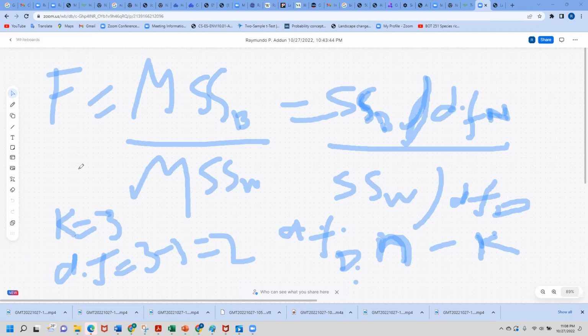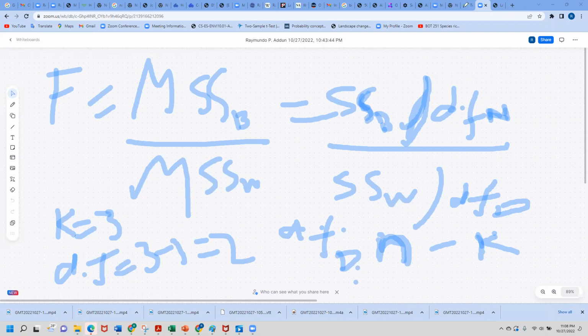So let me share with you maybe a table like that. We're given the degrees of freedom, 2 and 27 in this case, if you have 30. And given these two degrees of freedom, we have a probability distribution. There are prepared tables for that.